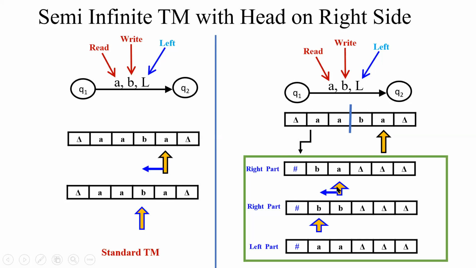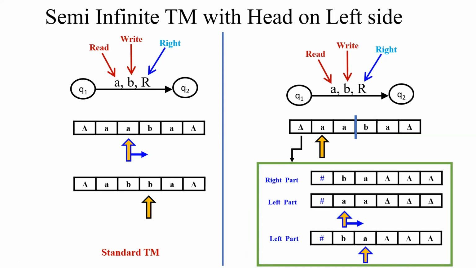Read A from here, write B to this and move one step left. And the left part will remain as it is. If my head, instead of being on the right side of the reference point, is on the left side of the reference point, this is how it will happen.